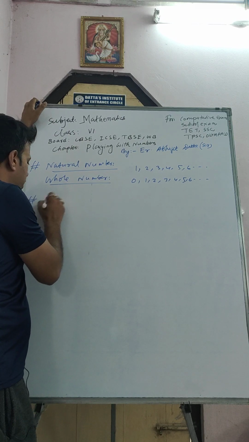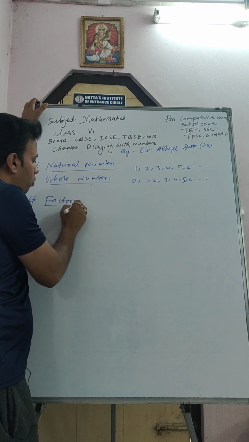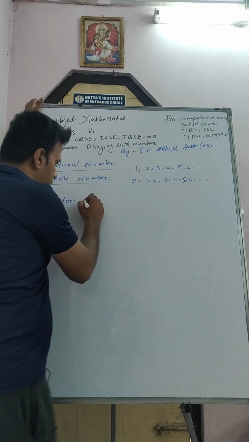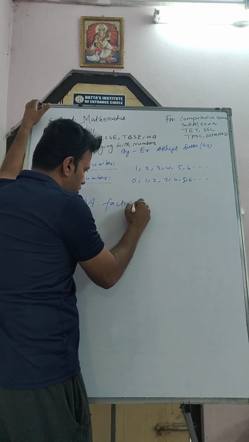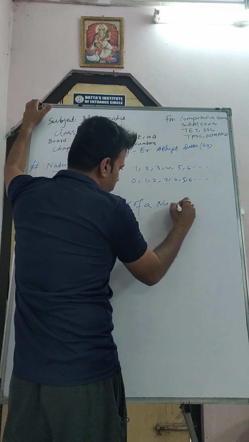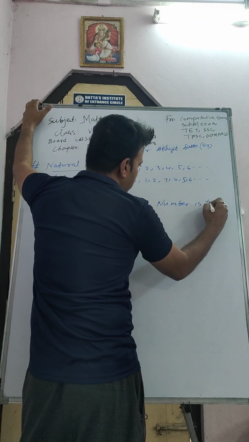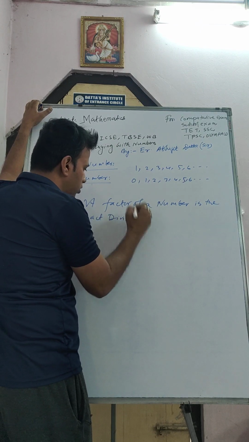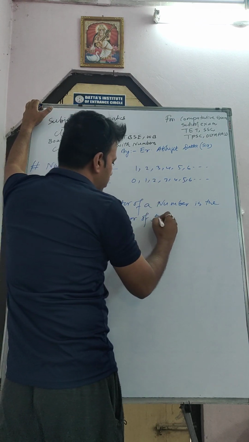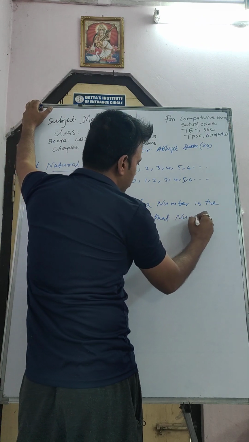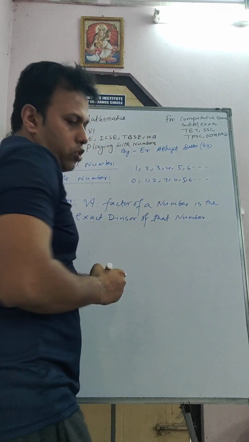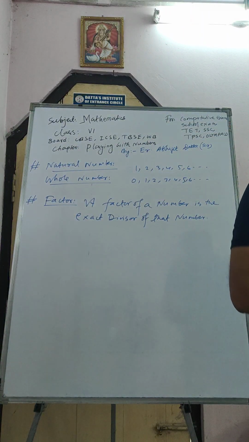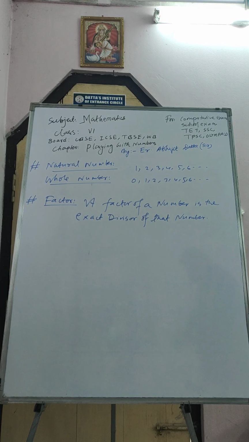Now, what is a factor? A factor of a number is an exact divisor of that number.